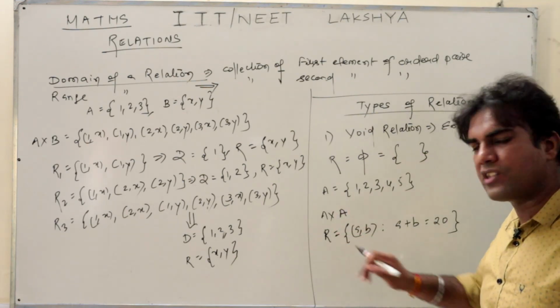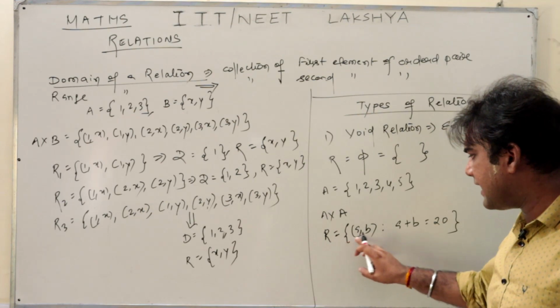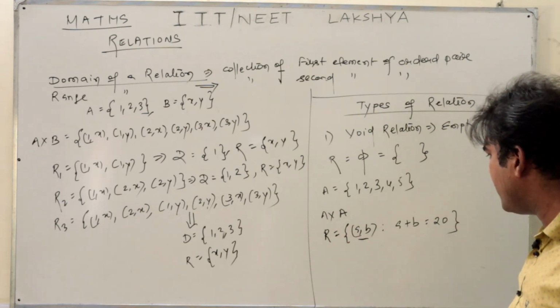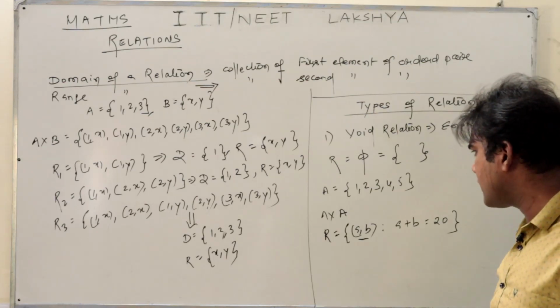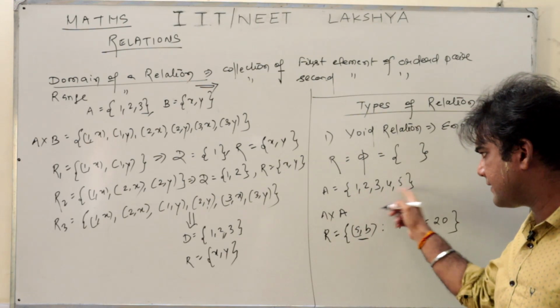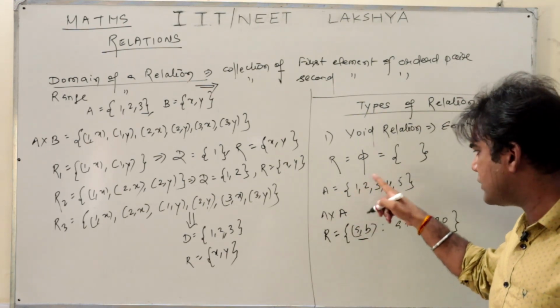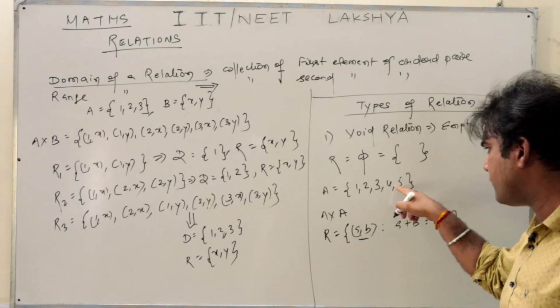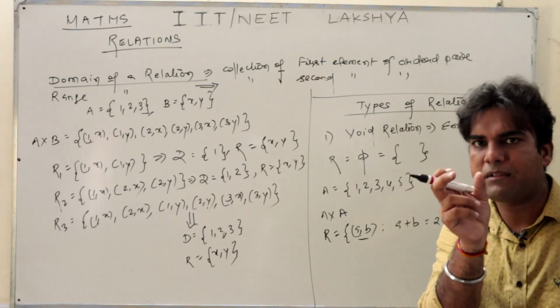A specific relation R is there, such that R is a collection of ordered pairs (a, b) such that a plus b equals 20. Now, if you form the subsets: 1 1, 1 2, 1 3, 1 4, 1 5, 2 1, 2 2, 2 5, 3 1, 3 5, like that till 5 1, 5 5. The maximum sum can be 10.